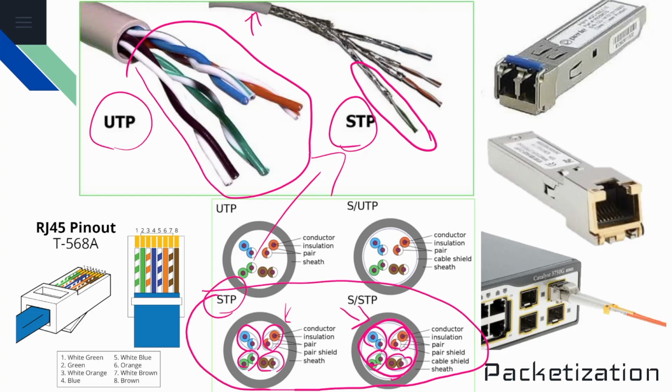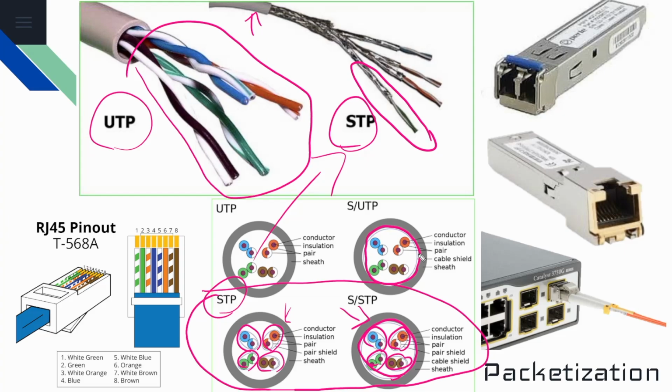And as we went over before, the outer shield that covers all the wires inside of the cable to further protect from EMI is not exclusive to one type of cable, either shielded twisted pair or unshielded twisted pair. We can see that here in this example, where the cables are twisted together, and there is no shielded twisted pair inside of this cable, where the individual wire pairs have an outer shield.